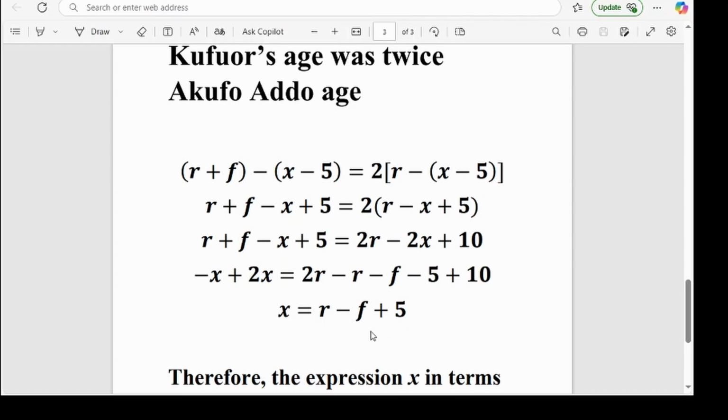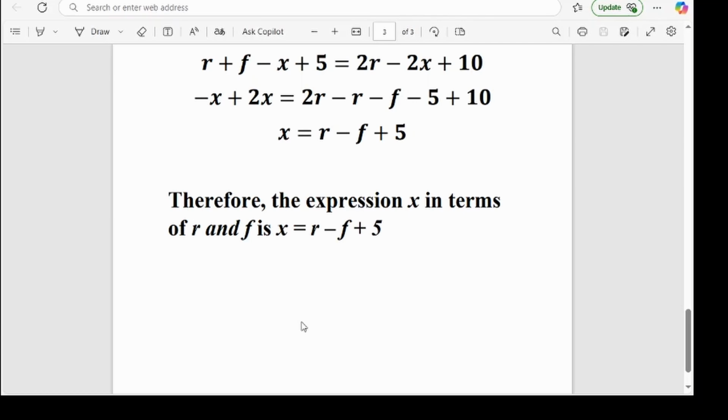So that explains our final equation. So expressing S in terms of R and F, we are going to get S equals R minus F plus 5.